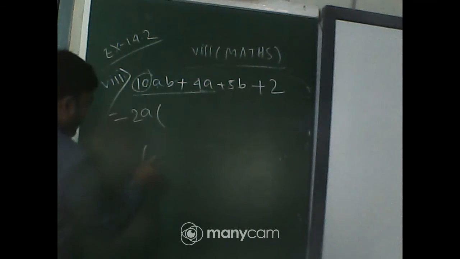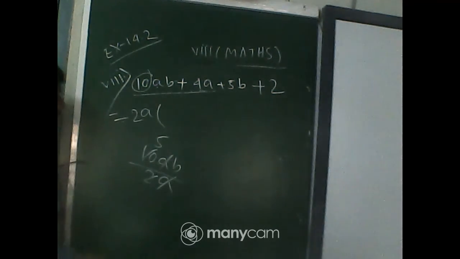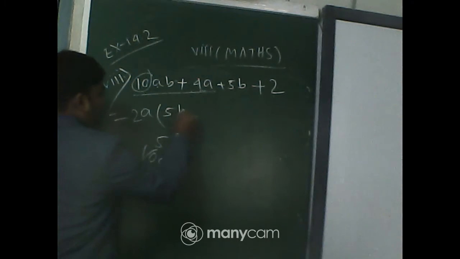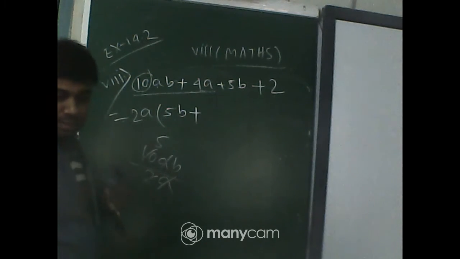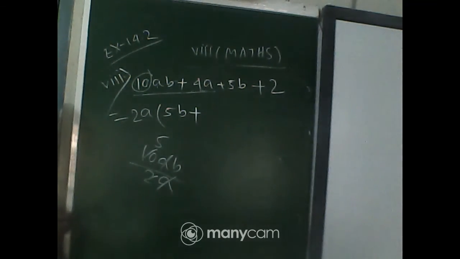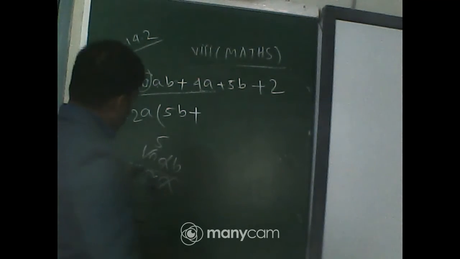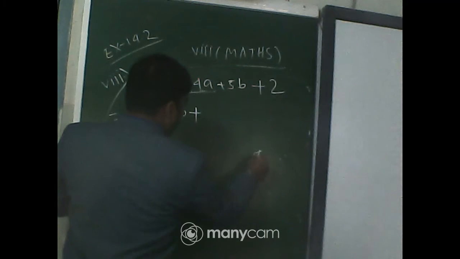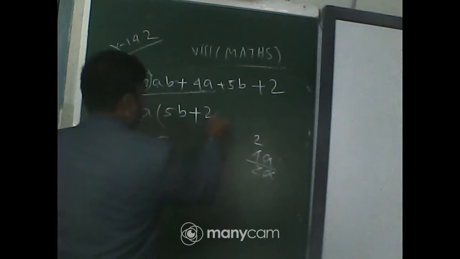From 10ab, taking common 2a, a is removed and 10 divided by 2 is 5, so 5b. And 4a divided by 2a, a is removed, so that is 2.